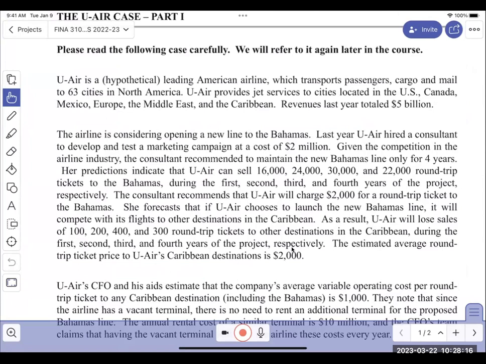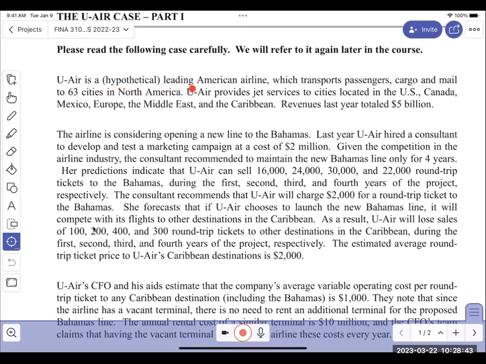So if you can, print it up or put it on your tablet so you can mark it up. Okay. So let's read.